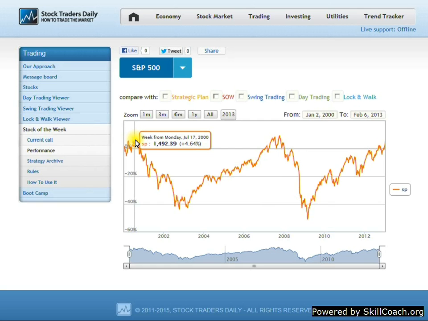In 2000, the S&P 500 was just over 1,500, and it turned down by more than 40%. It staged a comeback, then peaked in 2007, and once again fell aggressively from just over that 1,500 level.